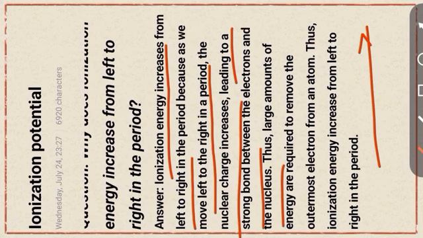Thus a large amount of energy is required to remove the outermost electron from an atom. Thus ionization energy increases from left to right in the period.